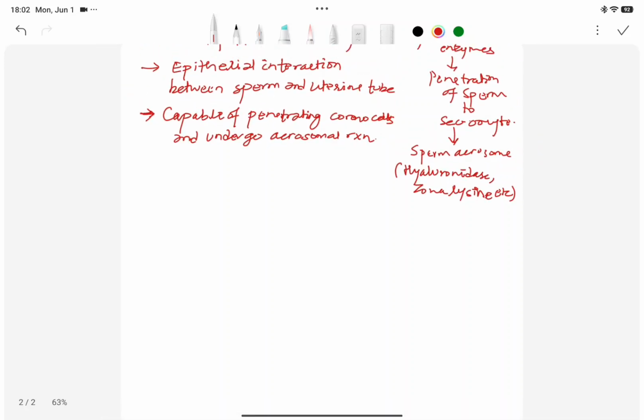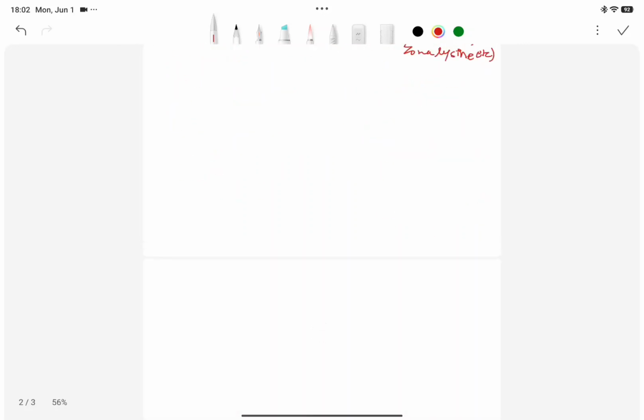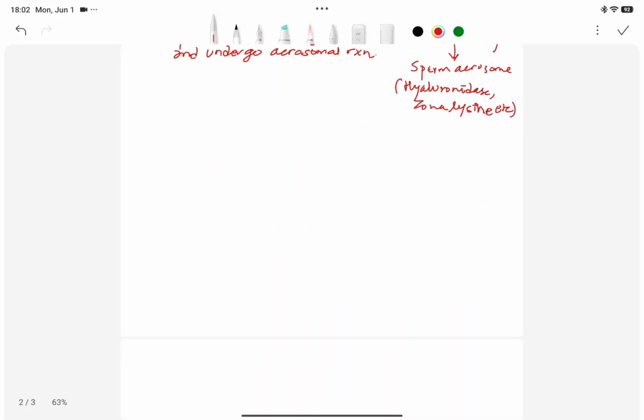And there are certain phases of fertilization. Phase 1 is the penetration of corona radiata.